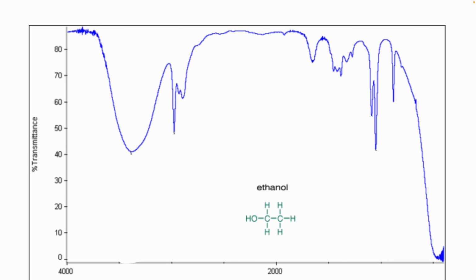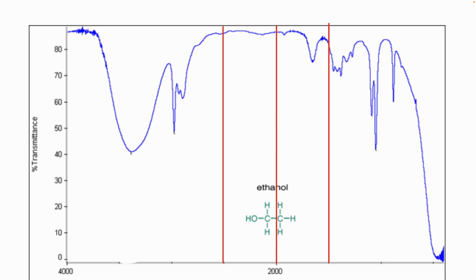So if I just kind of cut up this spectrum, laying down my extra marker around 3000, I again see this cluster of peaks I'm always going to see corresponding to my sp3 carbons with hydrogens.